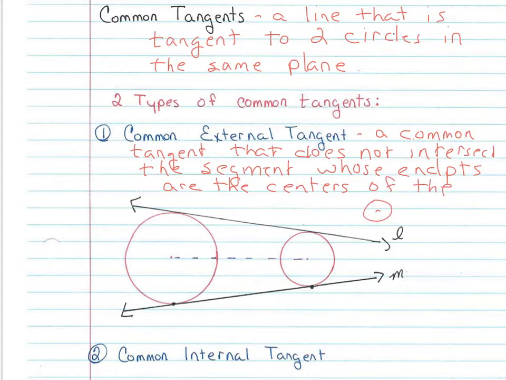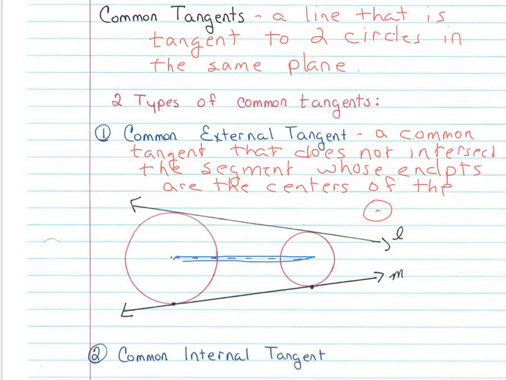Okay, and when I talk about the segment whose endpoints are the centers of the circles, I'm talking about this segment. Notice that the common tangents do not cross that segment. So we can have common external, and it's easy to see, looks like they're kind of outside the two circles.